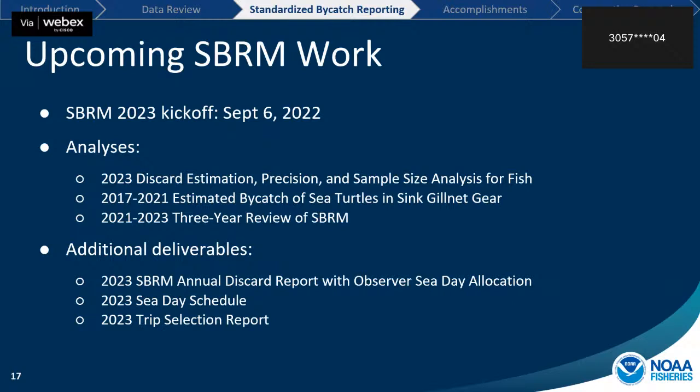For us, that's the discard estimation, precision and sample size analysis for fish. We also have the estimated bycatch of sea turtles. That's done, I believe, every 5 years. And then this year, we're working on our 3-year review of the SBRM as we move into next year. These are all analytical products of our SBRM work. We also provide additional deliverables, which is our annual discard report with our C-Day allocation, our C-Day schedule, which is made available publicly, and our trip selection report.